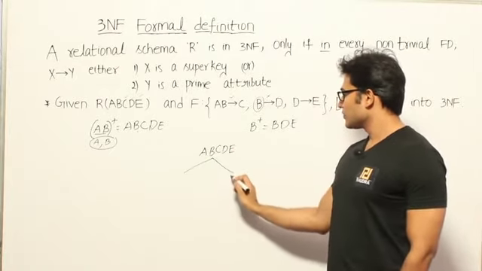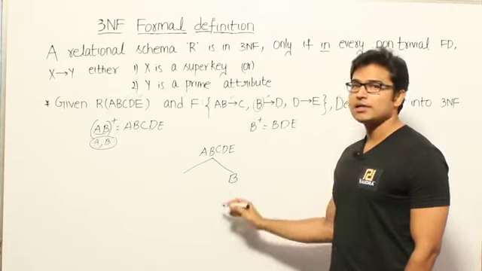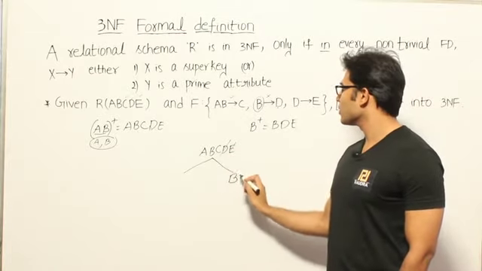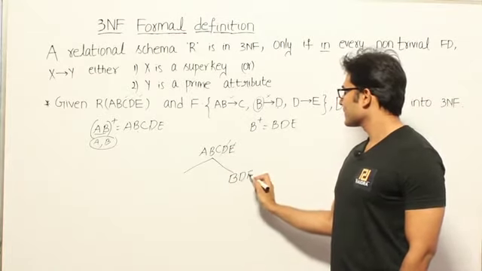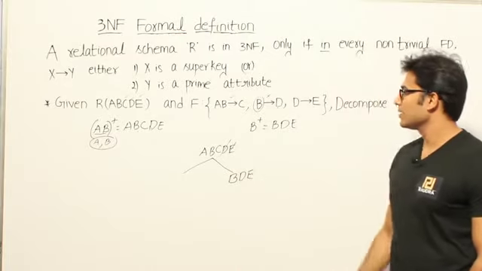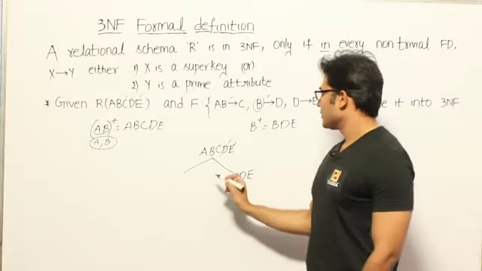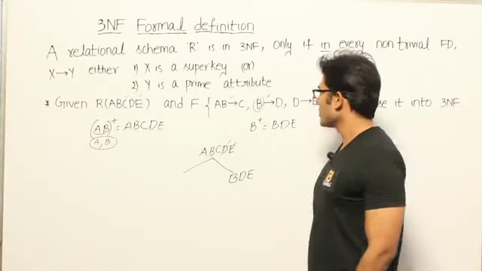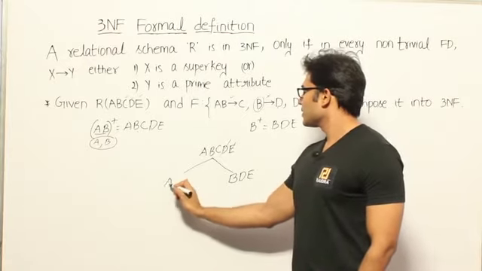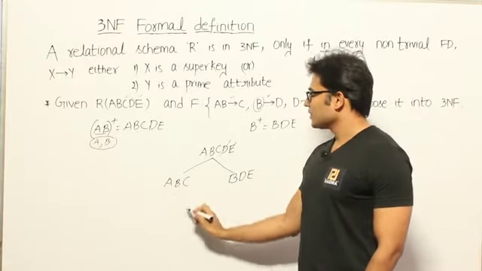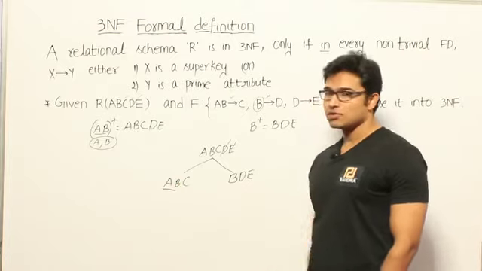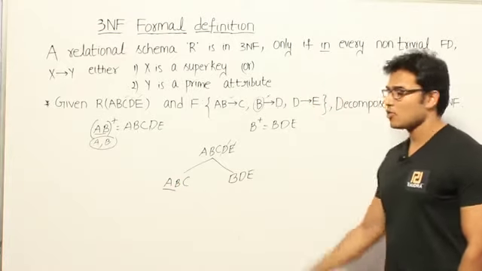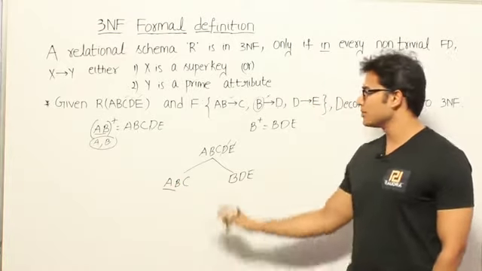B is going to take away with it D and E, which means these two are going to go away with B: B, D and E, right? And then the remaining is going to be there. So what is the remaining? A, B and C. Since AB is the candidate key for the original table, let it be there, and whatever is remaining you just let them be there.